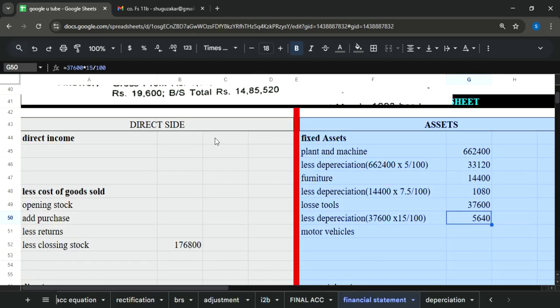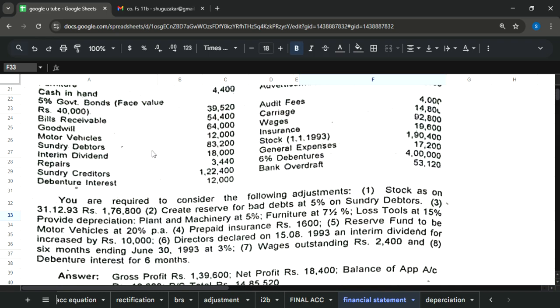Yes, it is 12,000. Confirmation was very important. After that, we will calculate its depreciation. Now we will see how much is the rate of depreciation of motor vehicle, and it is 20%.